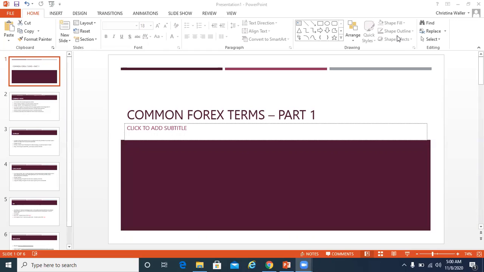So these are just normal, regular terms that you will hear with Forex. If you are someone that is researching Forex or thinking about trading Forex, these are some of the terms that you will see and hear.